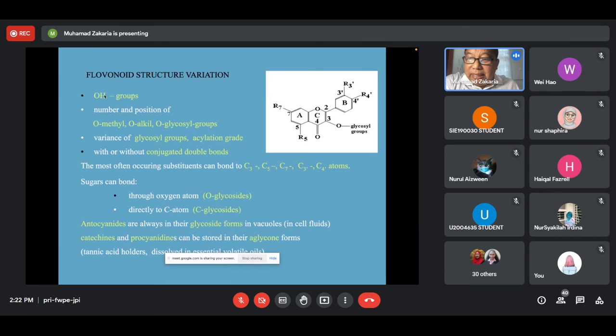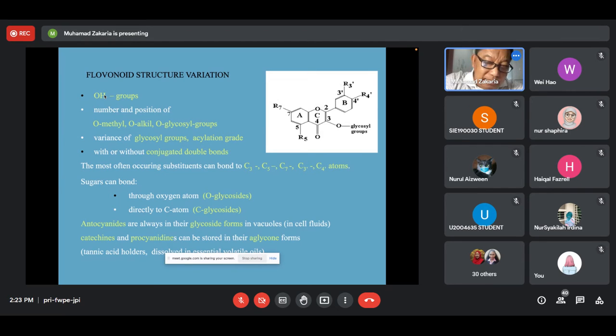Position 3 also can be OCHO and so on. And positions 3', 4', and 5' are another position where it can be substituted for OH and OCH3, O-methyl. The various substituents result in different colors for the structure of flavonoid.